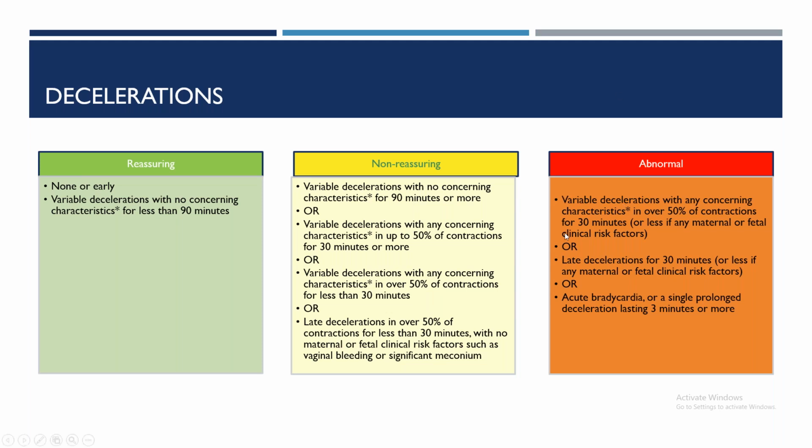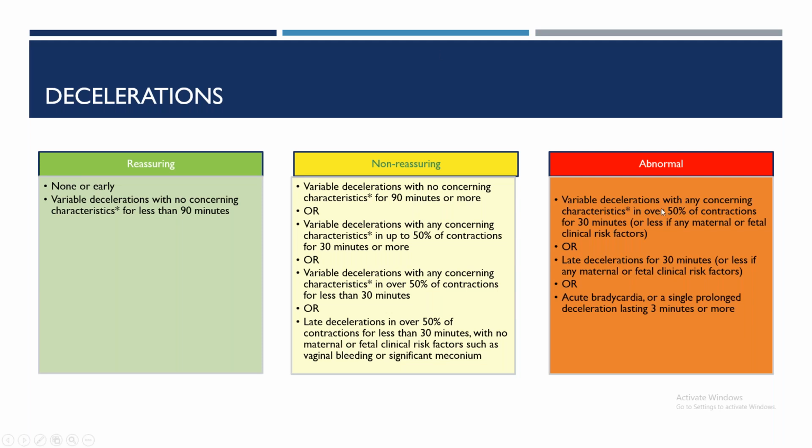Okay. And the most important thing you have to remember in this abnormal feature is variable decelerations with concerning characteristics for more than 50% of contractions for 30 minutes. Okay. So when the variable decelerations with concerning characteristics are there and when they are more than 50% of contractions, definitely we are going to see it with examples afterwards. I'm just going to explain what exactly it is, and we are going to interpret the CTG depending on these examples also.